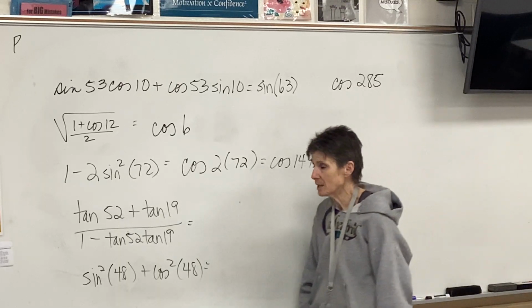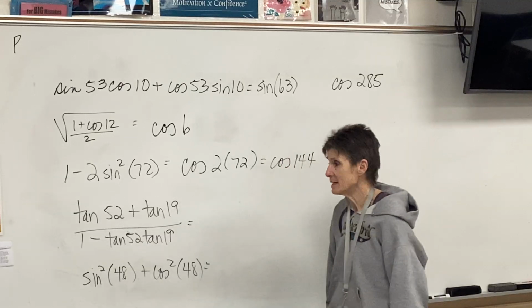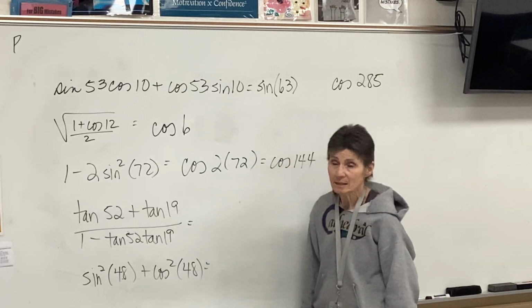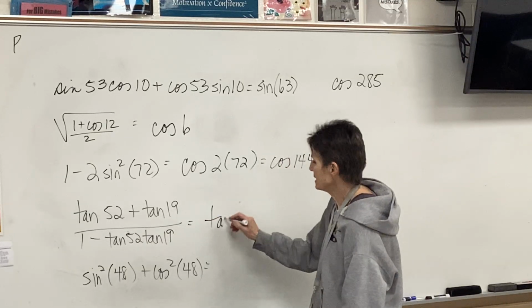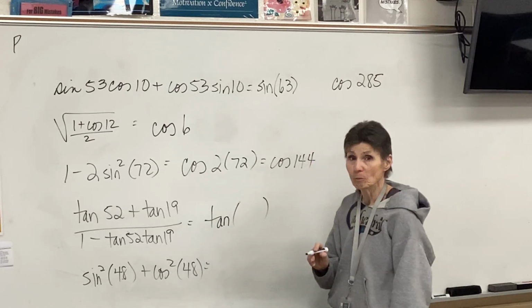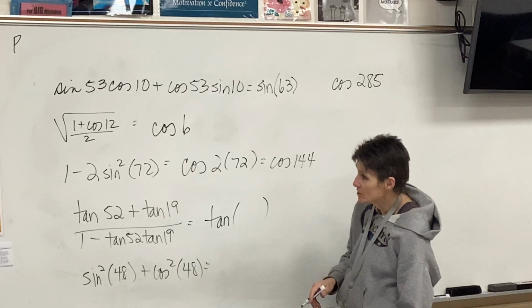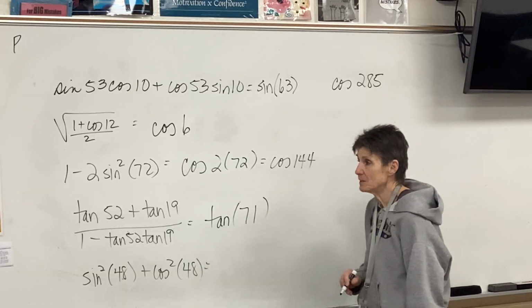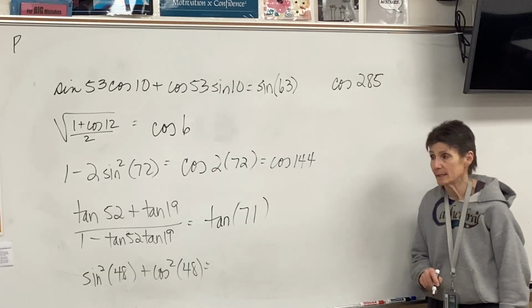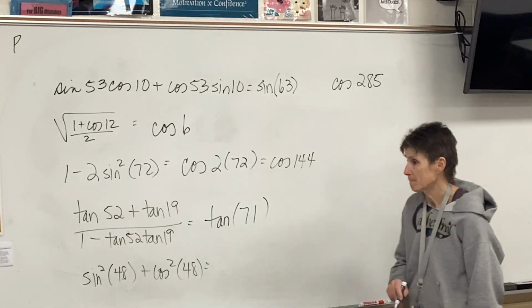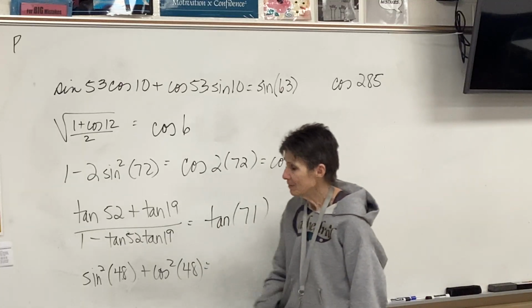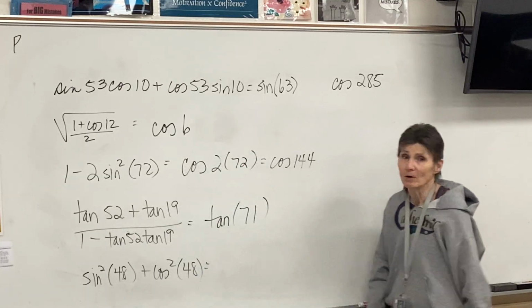All right, tan plus tan over 1 minus tan tan. That is the formula for the tangent of an angle plus an angle, u plus v. So what is that, 71? 52 plus 19. And finally, this guy, be careful.